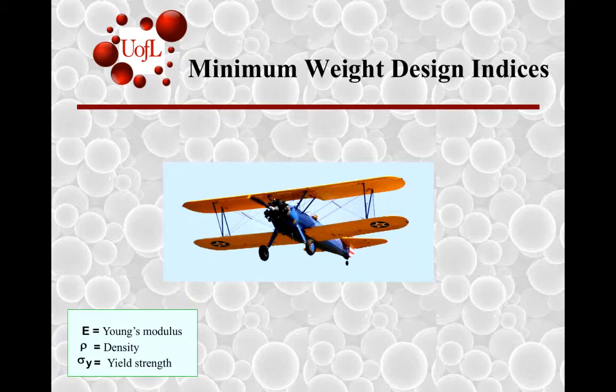So Young's modulus, density, strength, these 3 individual material properties can be combined in many different ways, depending upon the loading consideration as well as the geometry of the component. So for instance, if it's a tensile tie, you want to look at strength over density.